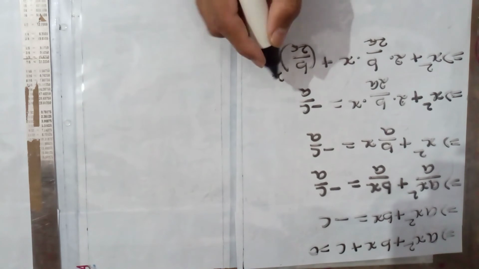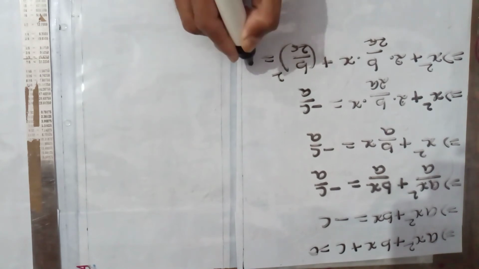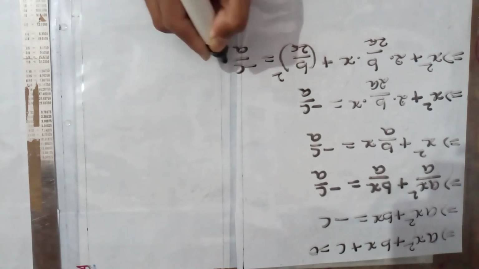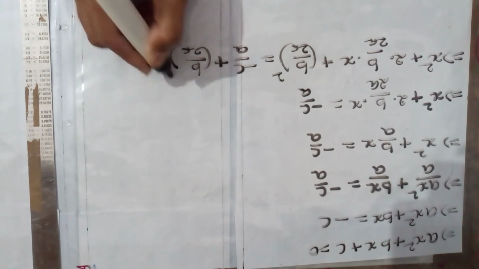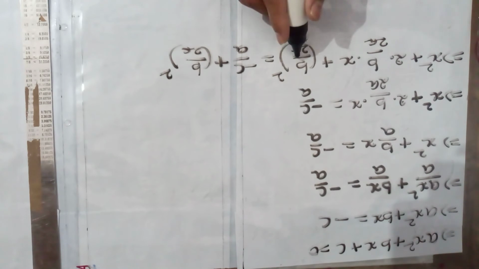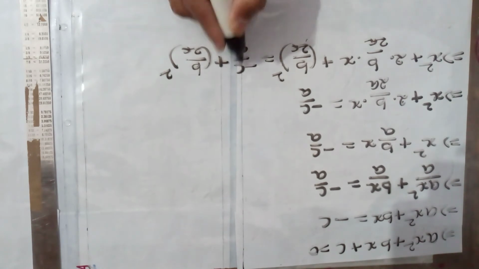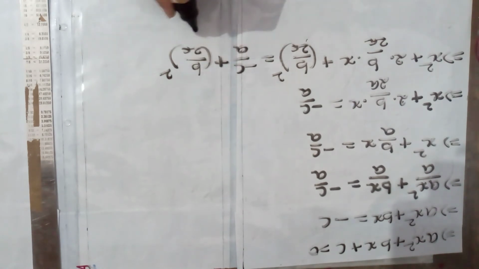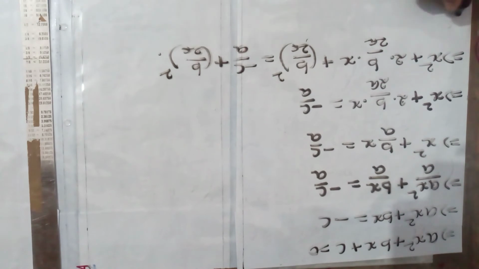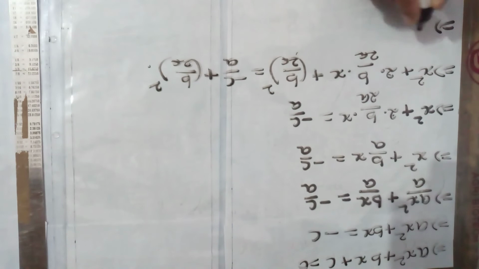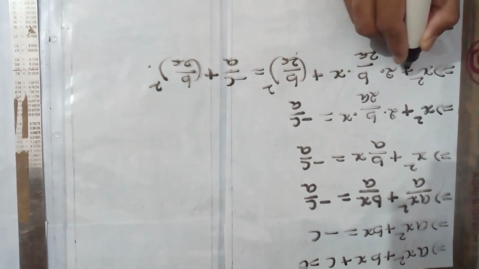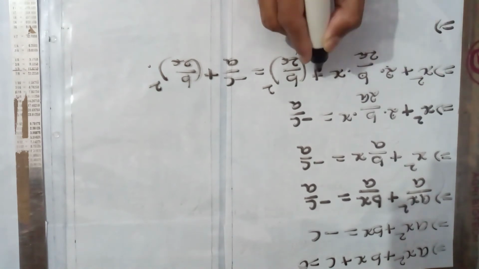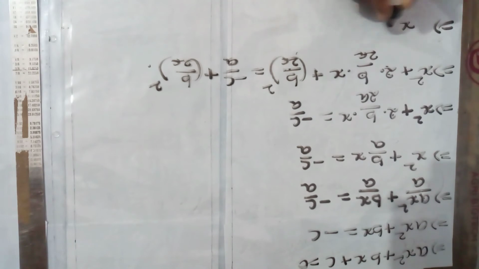Therefore, b by 2a whole square is equal to minus c by a. That same term needs to be added on both sides. That is b by 2a whole square is equal to minus c by a plus b by 2a whole square. On your LHS, it is transformed as a plus b whole square, a square plus 2ab plus b square, that is equal to a plus b whole square.